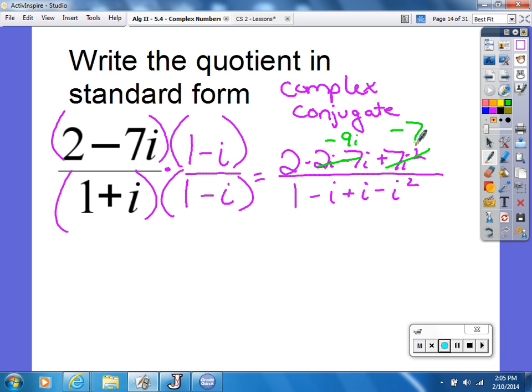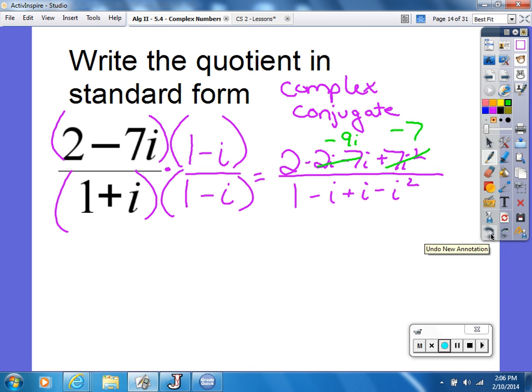Now, notice when I cross that out, if Fallon is looking at it, she can still read that it's positive 7i squared. If you cross it out and it looks like that, I don't give you credit. That make sense? Because I can't read what's underneath there. That's good. Just a nice little dash to cross it out.